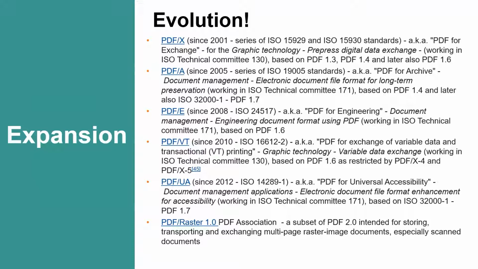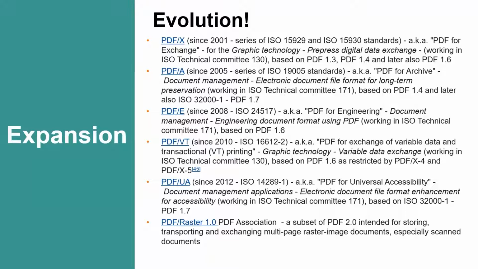This one is hosted and moderated by the PDF Association. Solimar is certainly a member of the PDF Association. It is designed for storing and transporting multi-page raster image files, again a very common need in our industry.